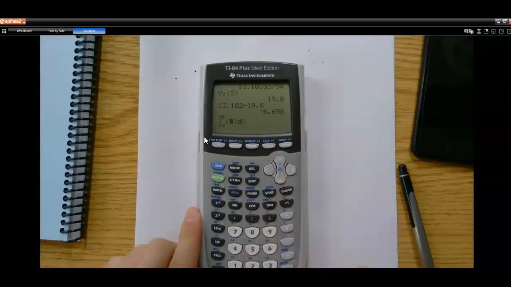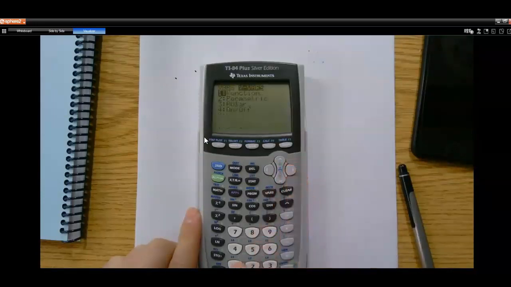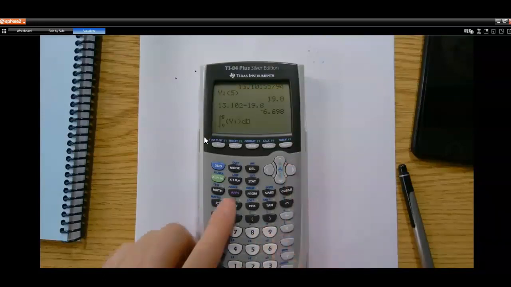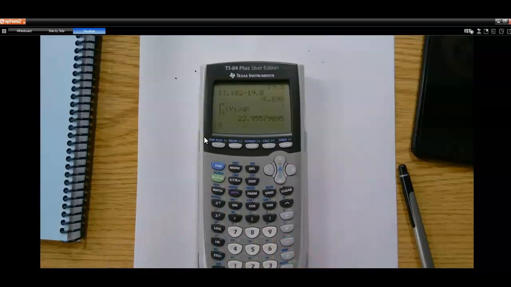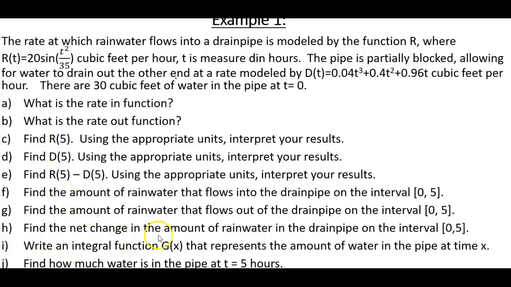Remember, on my calculator, that R function is y1. So I push vars, Y-vars, function, 1, dx, enter, done. And remember, we always round to the third decimal place, so it's 22.956.